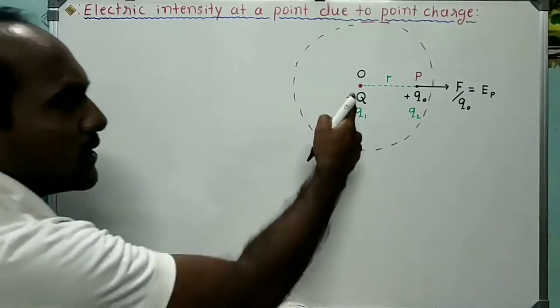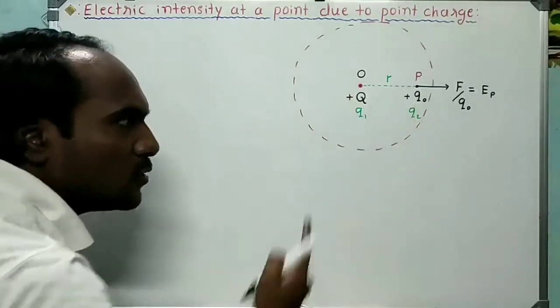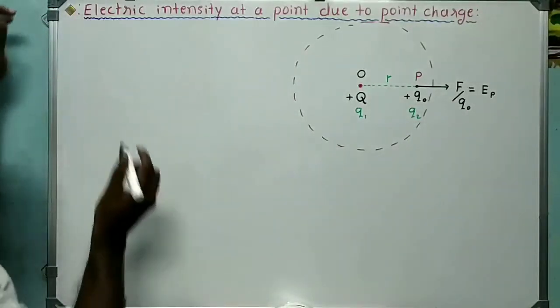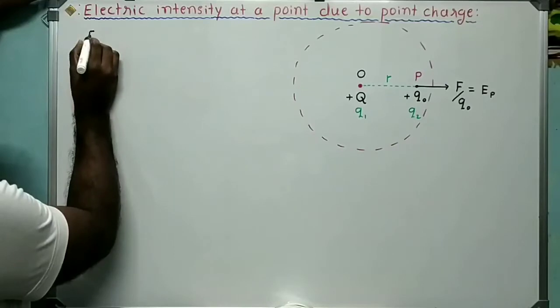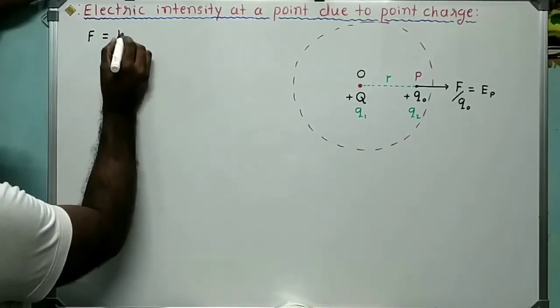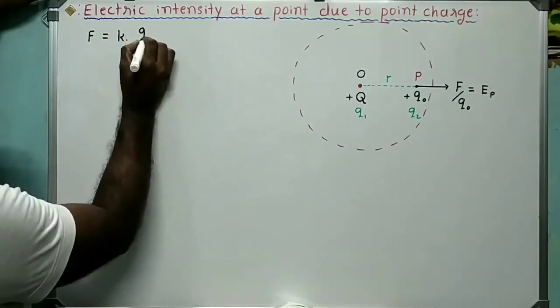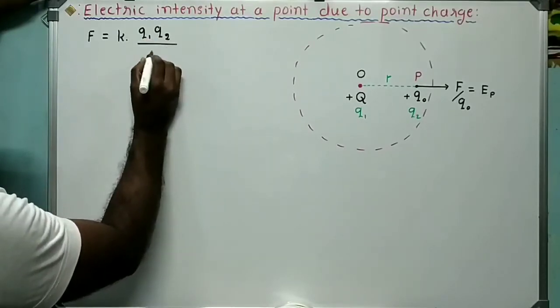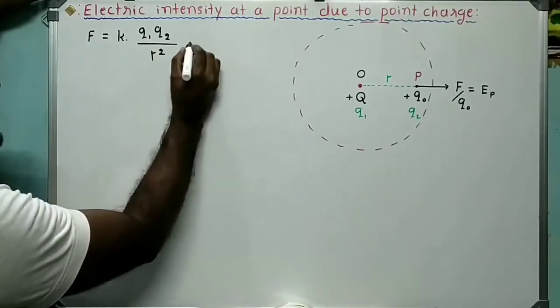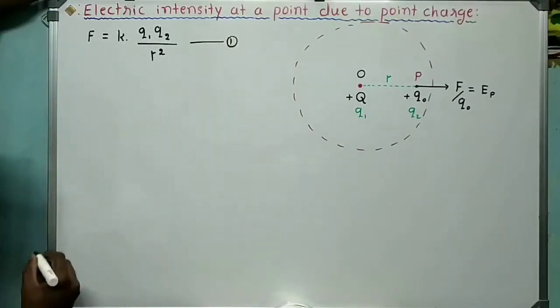By what force is this capital Q repelling the Q naught? This can be calculated by using Coulomb's inverse square law, that is F is equal to Coulomb constant into Q1 into Q2 divided by R square, called equation 1.